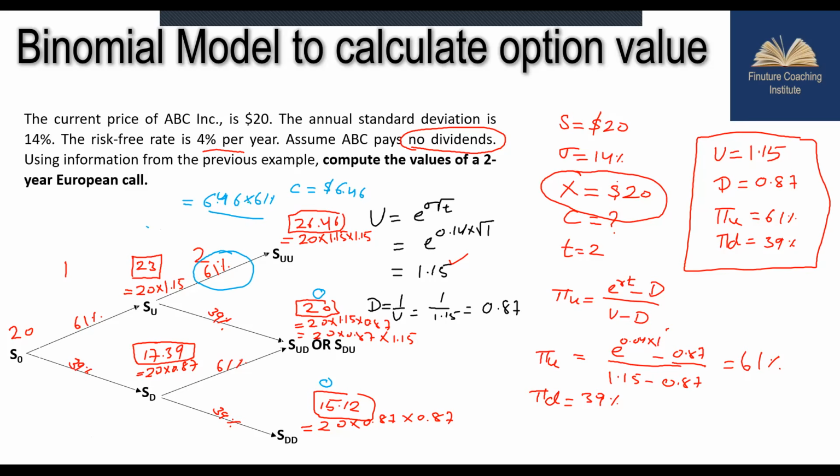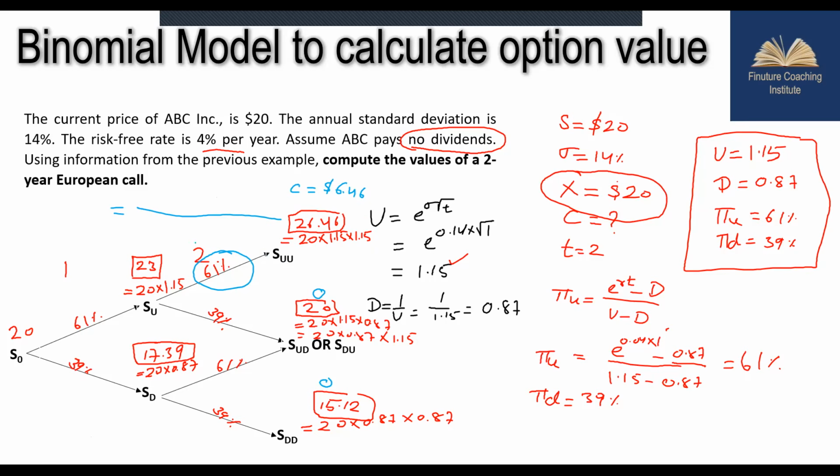When you discount it, let's calculate directly till 0, because there is no chance that you will exercise it in year 1. So you can directly calculate the chance of getting this call price and the discounted value of this.